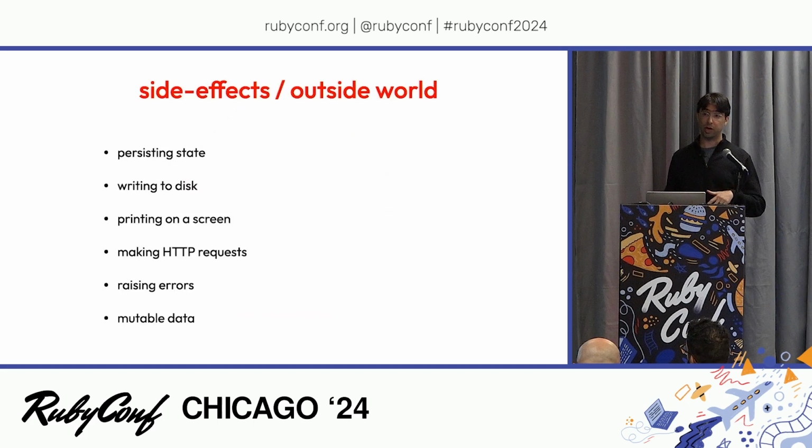So anytime you interact with the outside world, in this case, if our program is interacting with a database or going to an API or raising errors or printing on a screen on a device somewhere, anytime you're interacting with the outside world, it's risky. It might fail, right? We have to deal with both the success state and the error state. And in that case, things are risky, and we have to be mindful of side effects.